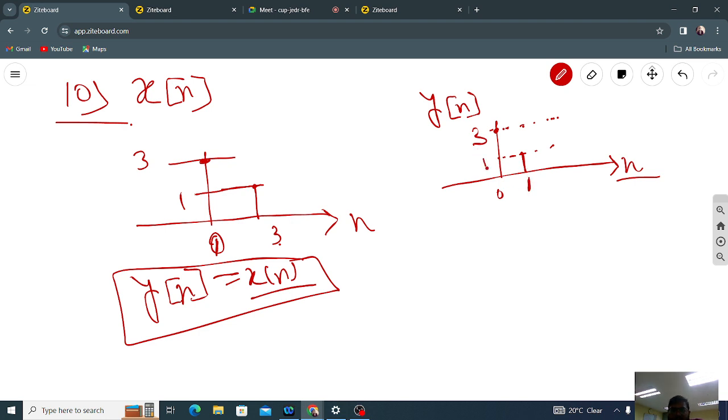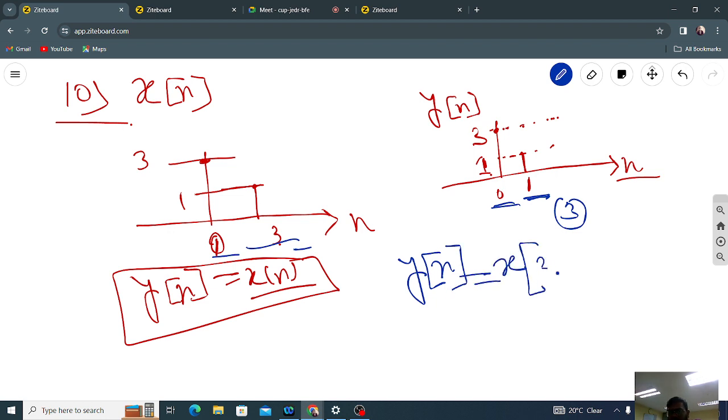At 1 it is taking the value 1. So from 0 and 1 it was 0 and 3, so there is no shifting here, only a scaling factor of 3. So y of n should be x of 3n.